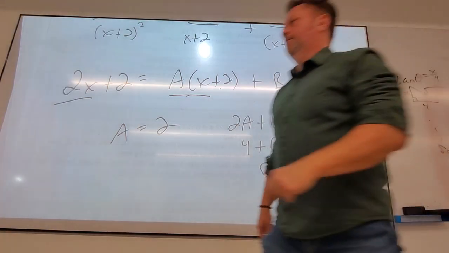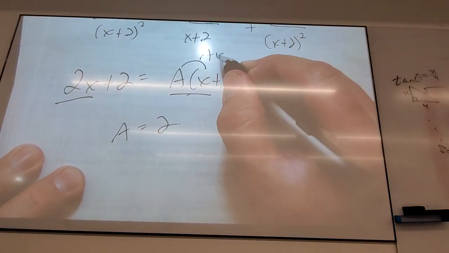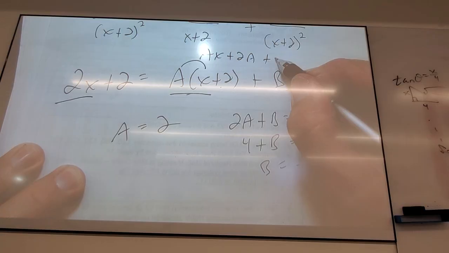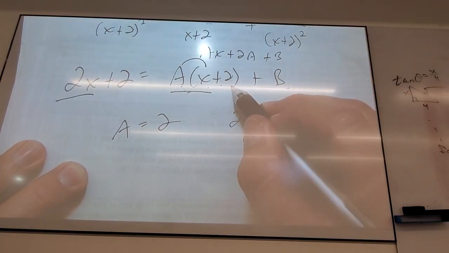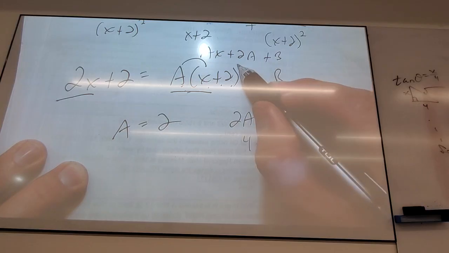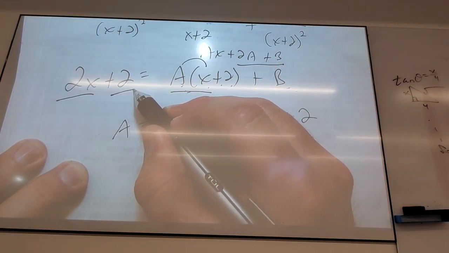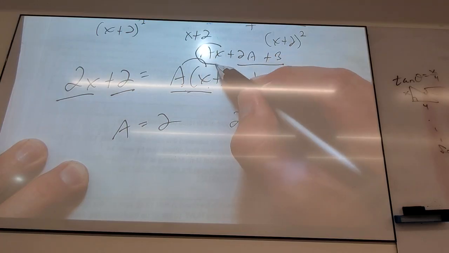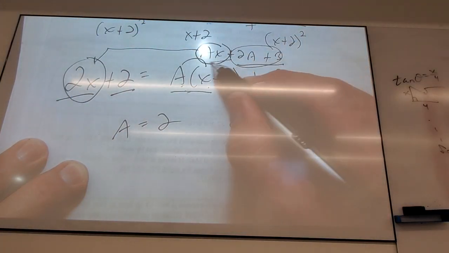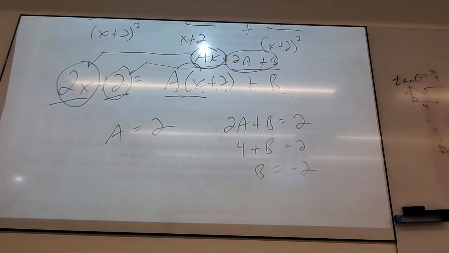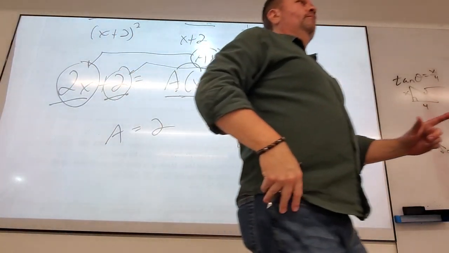Oh, okay. So if I multiply this out, I'm gonna get ax plus 2a plus b. Right? Ax plus 2a plus b. Yes? So what's 2a plus b have to be? What does ax have to be? So therefore, what does 2a plus b have to be? I need you to see this. What's in front of x on the left-hand side? 2.